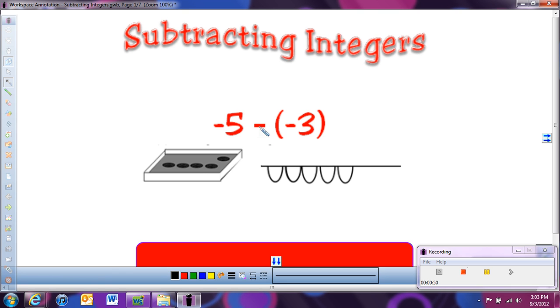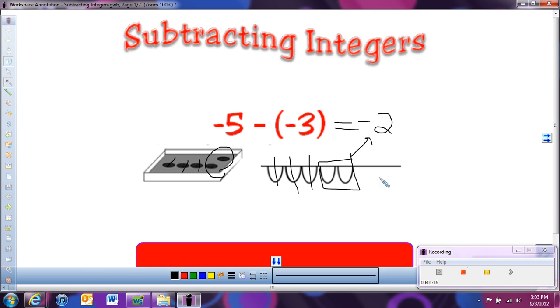And we're going to subtract, or take away, -3, or take away 3 of those wholes. So I'm going to cross out 3 of those wholes, and I'm left with 2 wholes, or -2. You can look at that same idea on the line here. I'm going to take away 3 of those wholes, and I'm left with 2 of those wholes, which is -2.